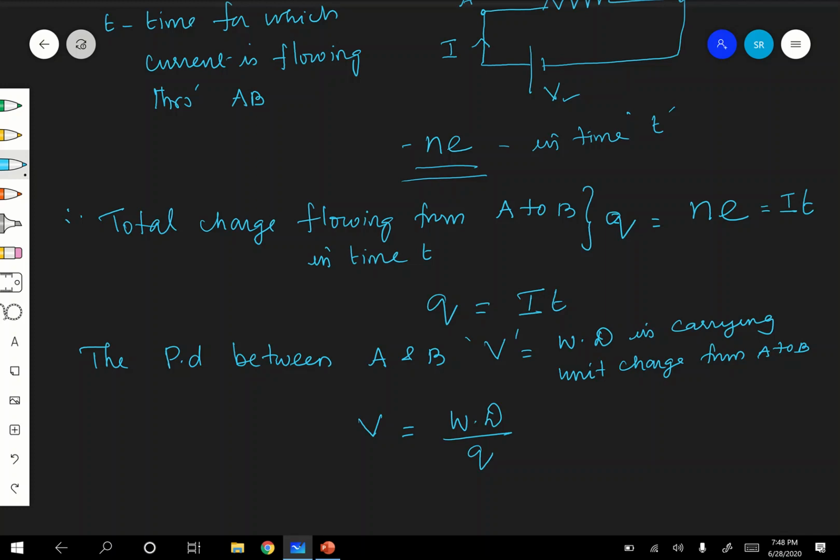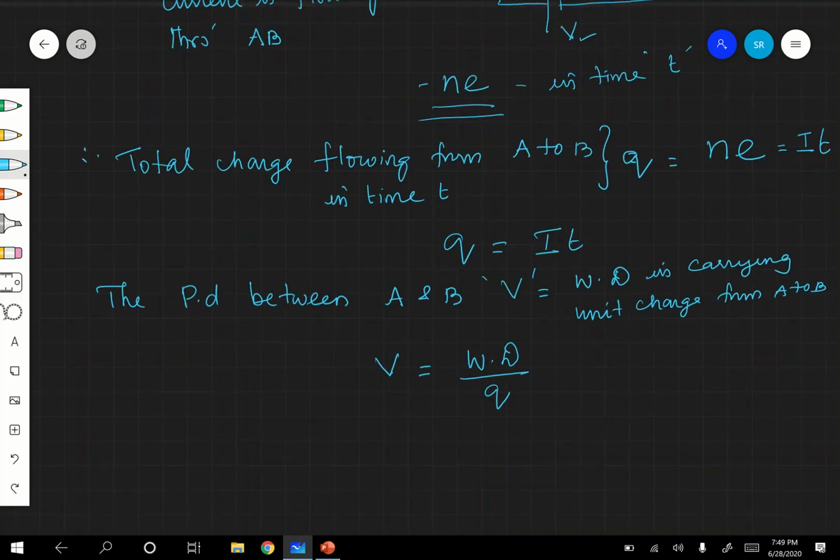Q is the amount of charge that is flowing in a time t. Therefore, the potential difference is work done per charge.